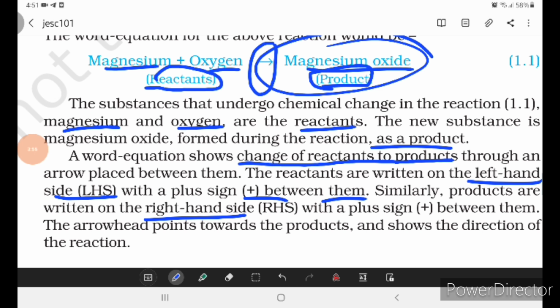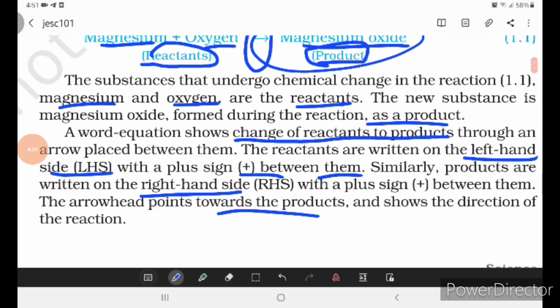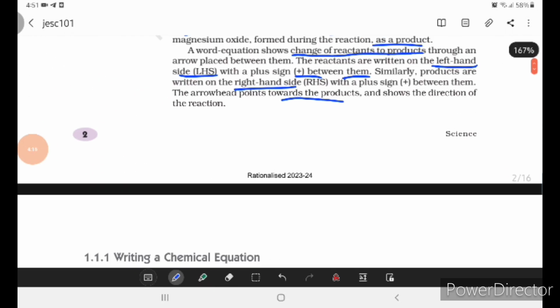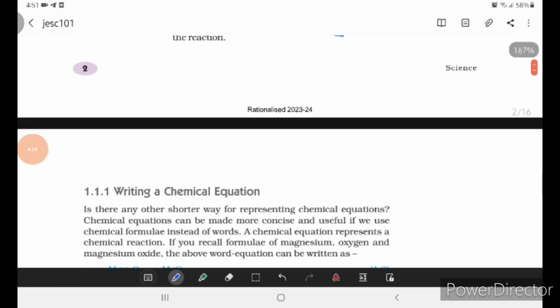If there is only one reactant and one product, then there is no use of a plus sign. If there is more than one product, then we use a plus. The arrowhead points towards the products and shows the direction of the reaction, that is, the reaction taking place from the left hand side to the right hand side, from the reactants towards the products. I hope you understood this para.